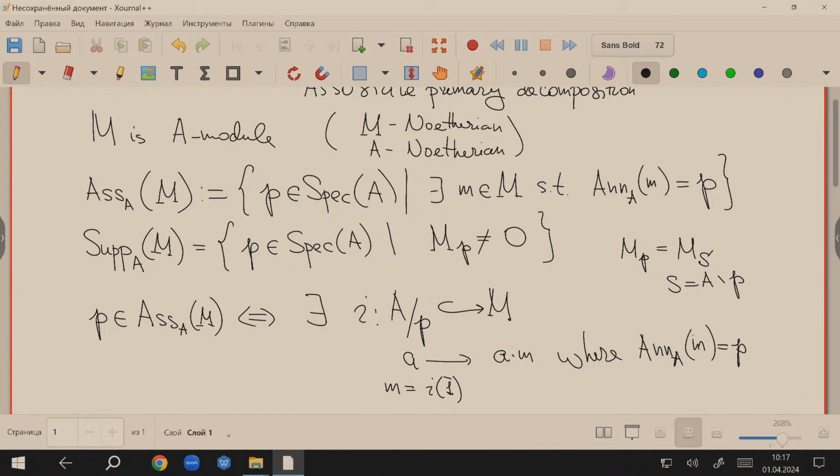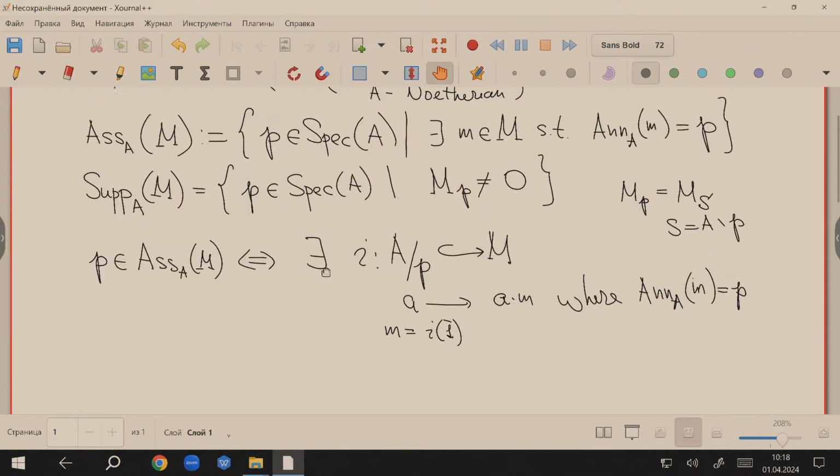Это недостаток обозначений, но он объясняется тем, что иначе это не имеет смысла.